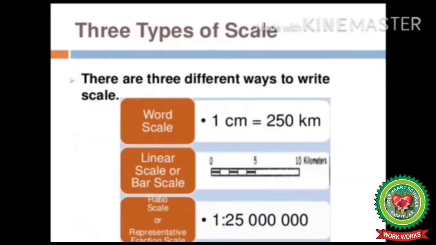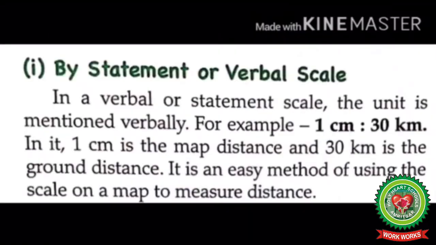There are three types of scale, or we can say there are three different ways to write a scale on a map. Number 1 is by statement, or it is also called verbal scale. In a verbal scale or a statement scale, the unit is mentioned verbally.